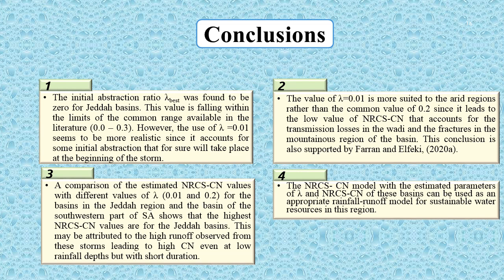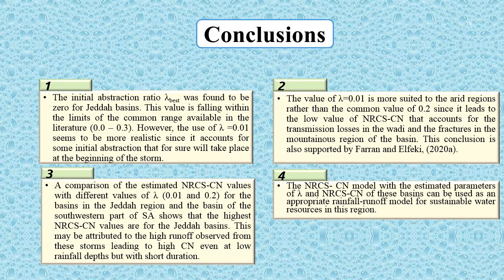This is a common feature of arid basins: there are transmission losses in ephemeral streams. Taking lambda equal to 0.01 leads to lower Cn, which means you have losses due to transmission of the flood through the catchment. That's what really happens in reality, and this has been confirmed by previous studies as well.